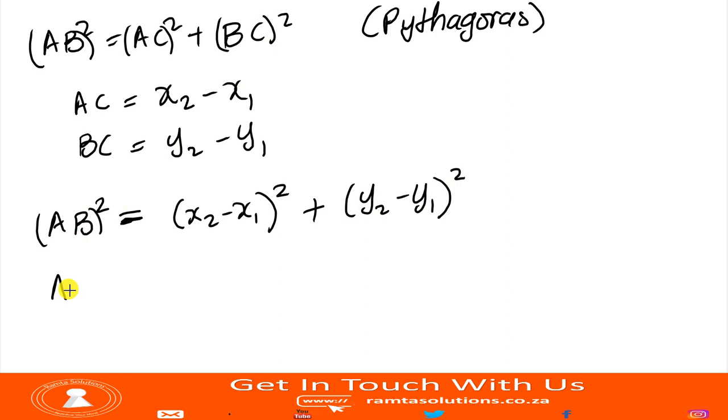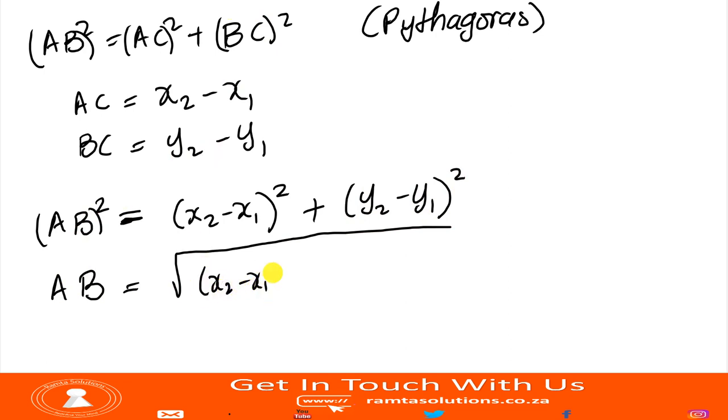So we will say this will be a square root of x sub 2 minus x sub 1 all squared plus y sub 2 minus y sub 1 all squared. So this is your distance formula.